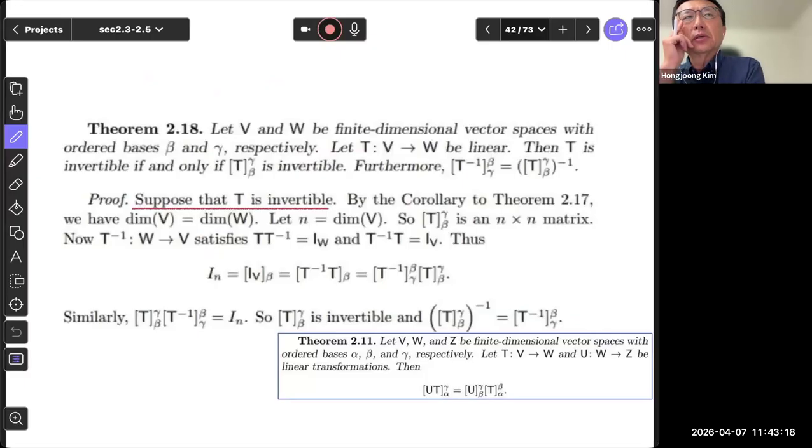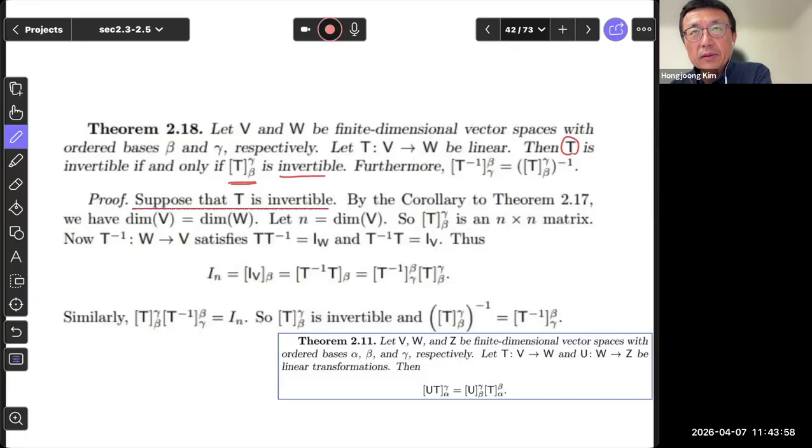Now, suppose that V and W are finite dimensional vector spaces with some bases, beta and gamma, and T is a linear mapping. Okay? If T is invertible as a mapping from V to W, then the claim here is that the matrix derived from this beta and gamma basis will also be invertible in the sense of matrix invertibility.